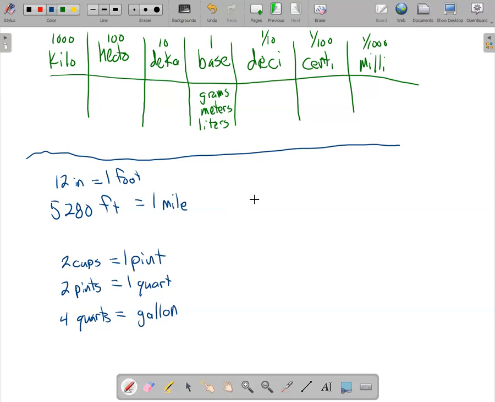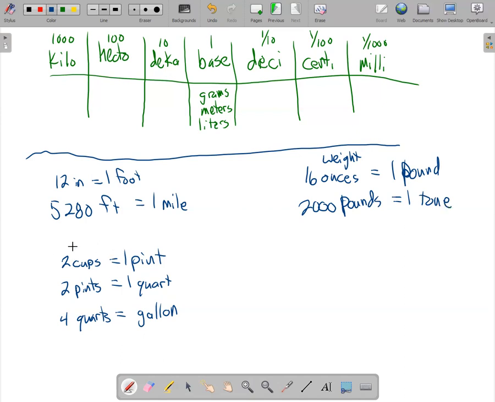Let's see what we're missing. Weight, I guess it's weight, 16 ounces, and these are weight ounces, is equal to 1 pound. 2,000 pounds is a ton. And I guess I should add ounces in here.